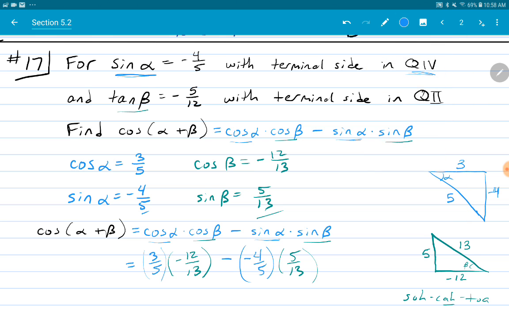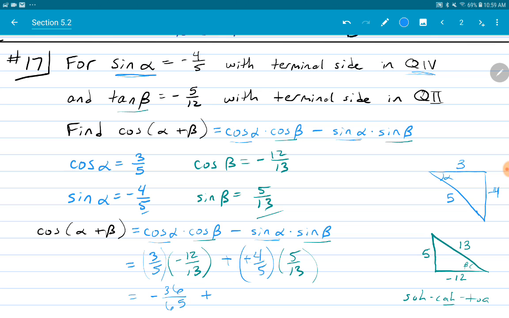And then I multiply this out, and I get -36/13 times 5 is 65. Minus a negative, so I can say that's positive now, minus a negative.